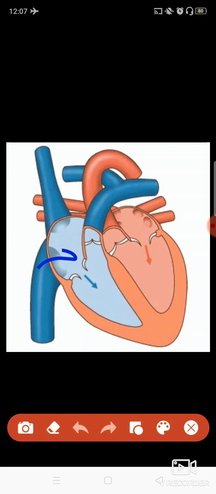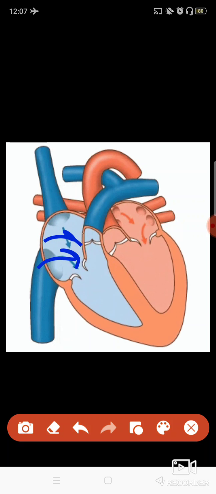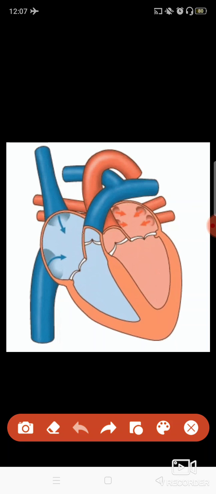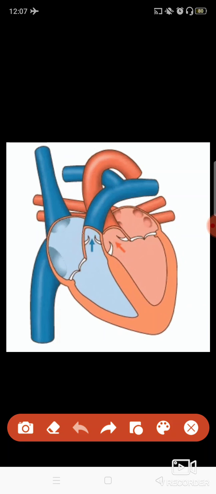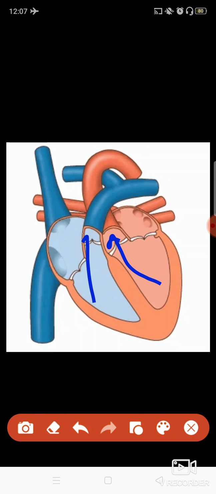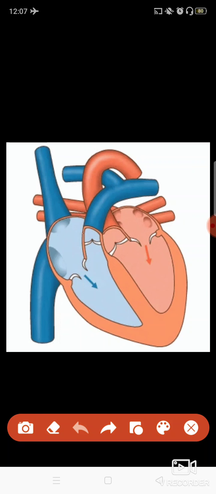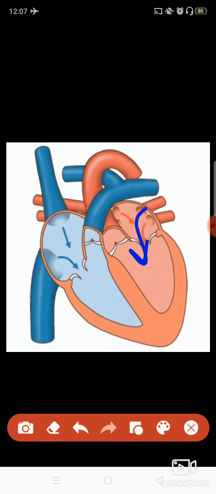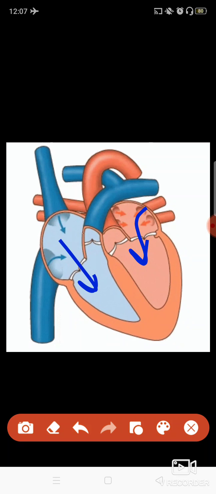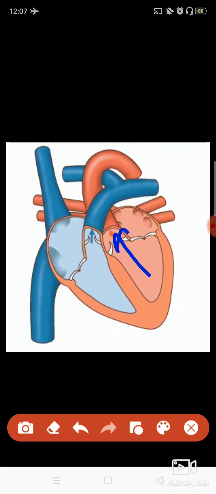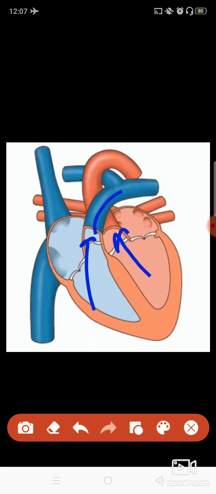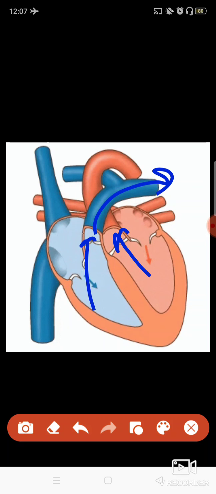The walls move inside, and whenever it is going to swell up, whenever there is more space, it means the blood is going to fill inside it, and whenever it is going to contract, the blood will move out. Okay, when it is relaxed, the blood will be filled inside the heart. Whenever these are going to contract, the blood will move from pulmonary artery or the aorta to different parts.